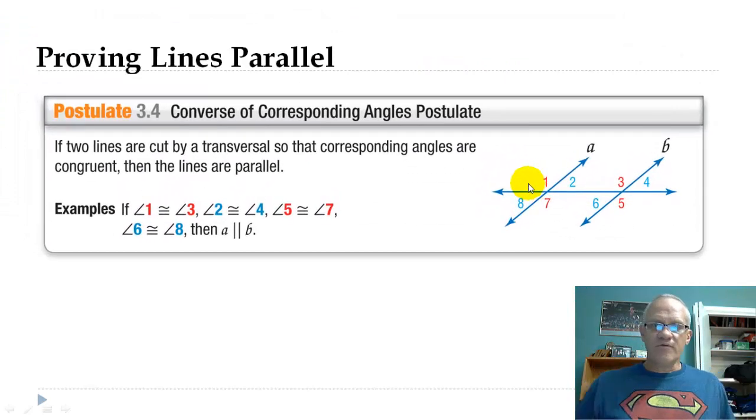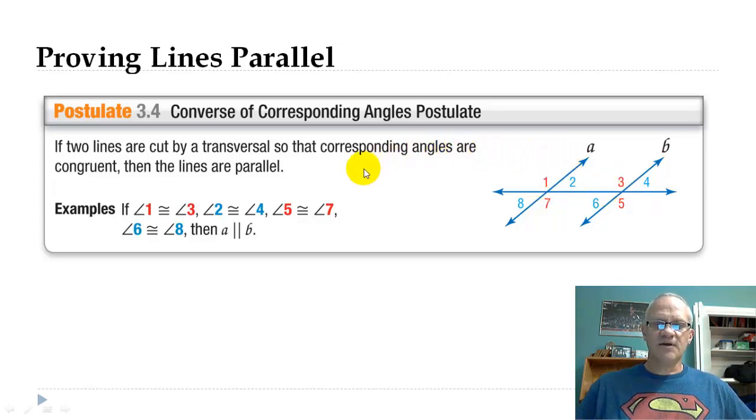Okay, so remember before, the situations that we looked at, we'd say, hey, if we have two lines that are parallel, if A and B were parallel, then we knew that when a line cuts across as a transversal, certain angles were congruent to each other. So for instance, in this case, angle 1 and angle 3 are corresponding angles, so we knew that corresponding angles were congruent.